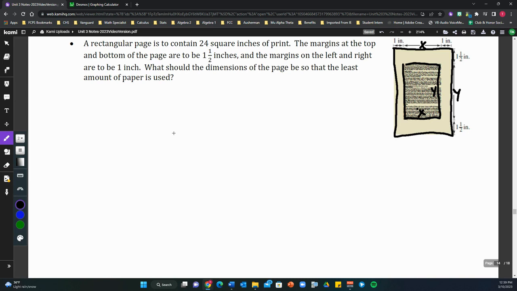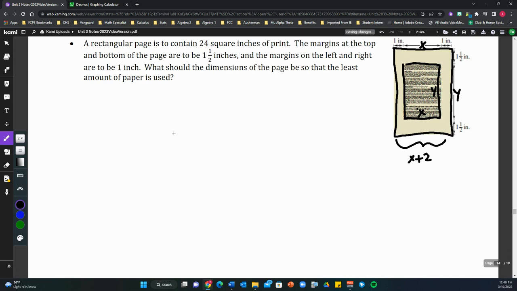So we've got dimensions for the inner rectangle of x and y, but to build the dimensions for the outer rectangle, we have to take into account the borders on both sides, or the margins. A 1 inch margin on the left and right sides means this whole thing has dimensions x plus 2 across the bottom.